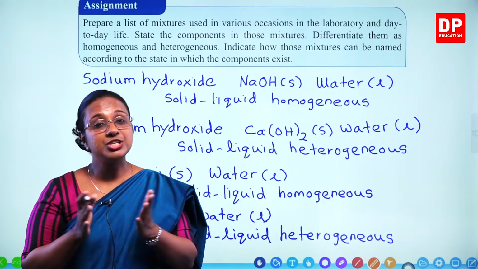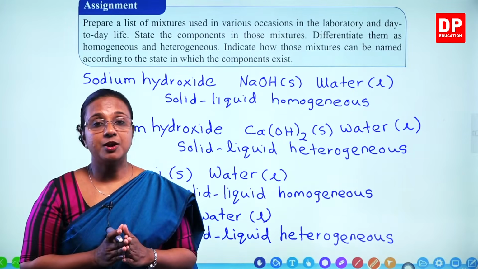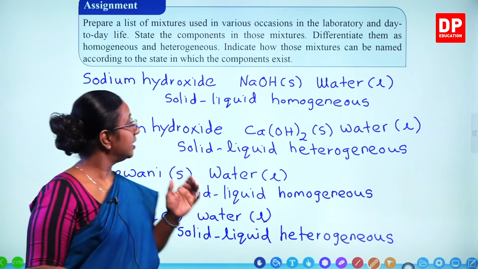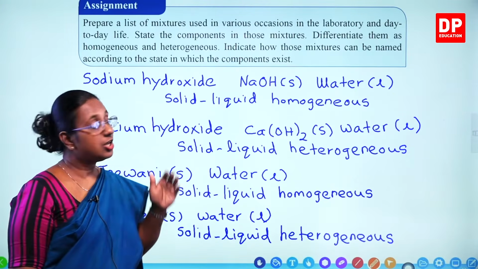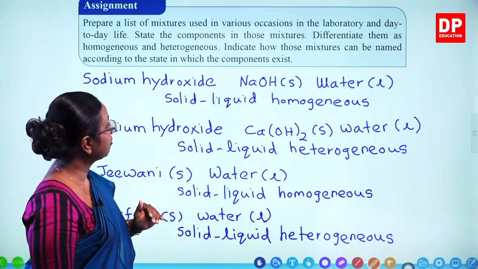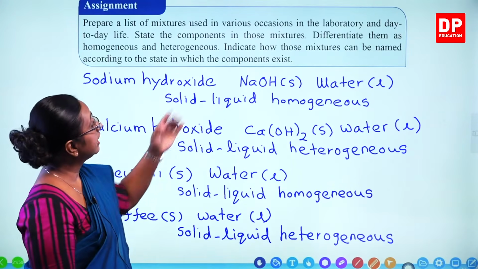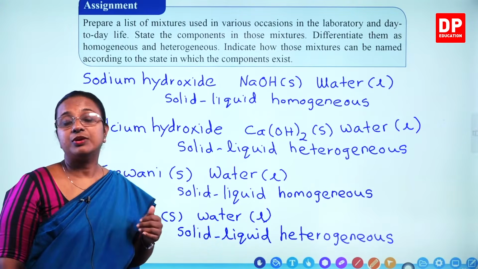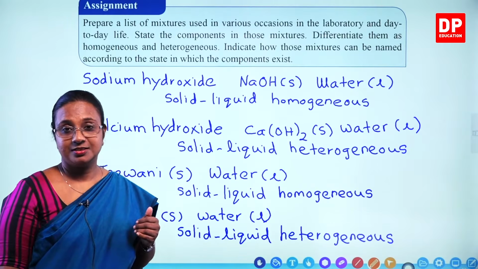It can be homogeneous or heterogeneous, and the components can be of any physical state. So, I am sure now that you have understood this section of the lesson, you can prepare a list of mixtures used in various occasions in the lab and day-to-day life, and you can identify all these mixtures.